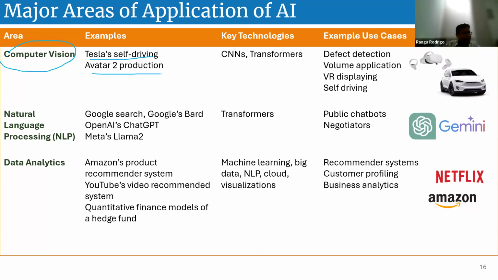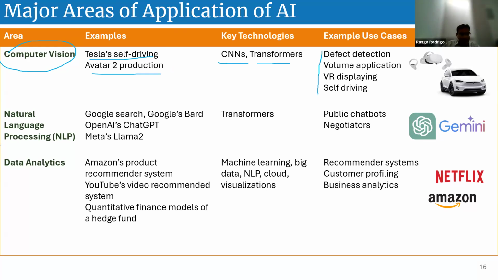You will see how cameras are facing the actors and how dots are there on the actors' faces, and how they made the computer graphics characters animated using that information. The main technologies that they use are convolutional neural networks and transformers, defect detection, volume applications, virtual reality displaying, and self-driving. These are all practical example use cases.